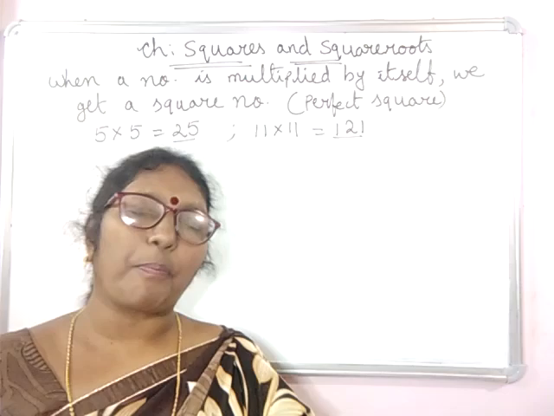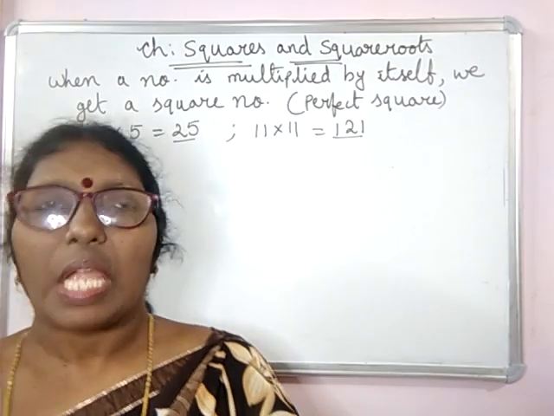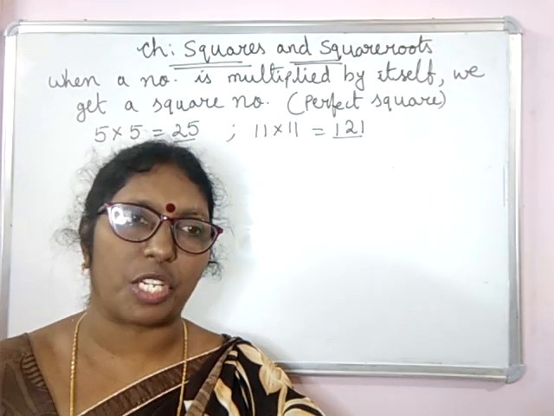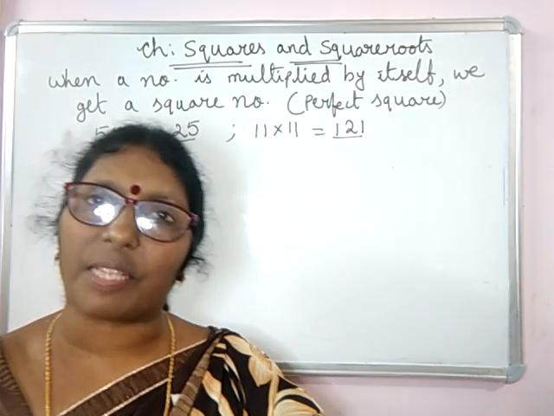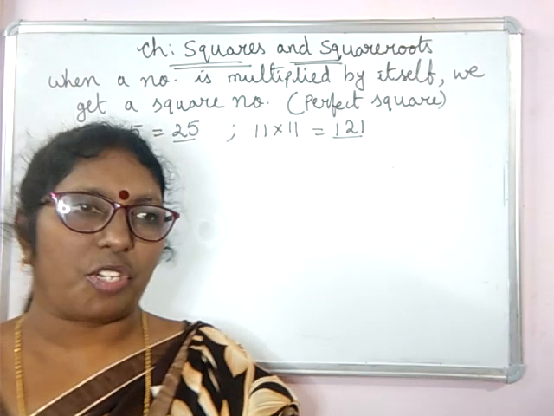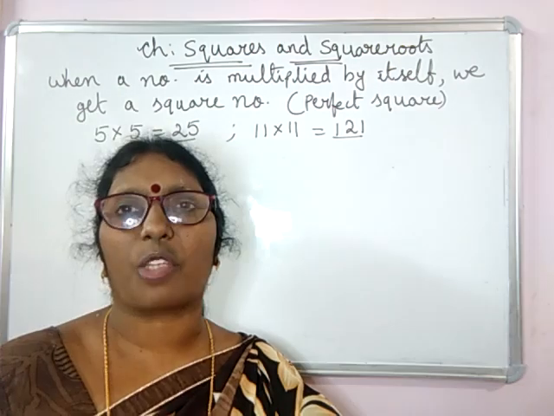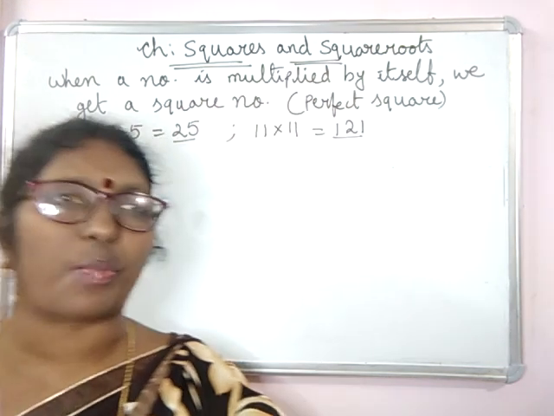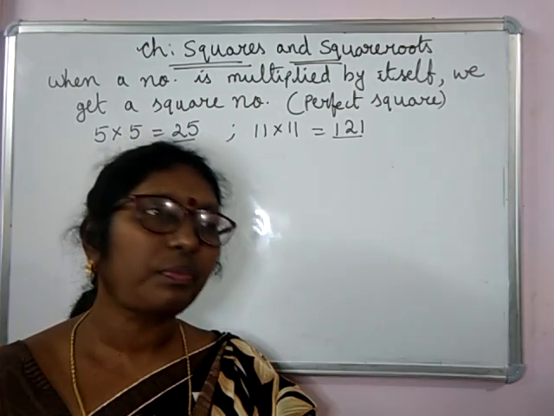Suppose a number is given to you and you want to find whether it is a perfect square or not, you have to find the factors of the given number, and if the number has pairs of identical factors, you can say yes, it's a perfect square, otherwise no.